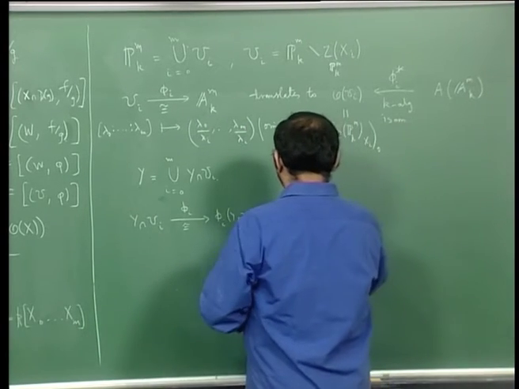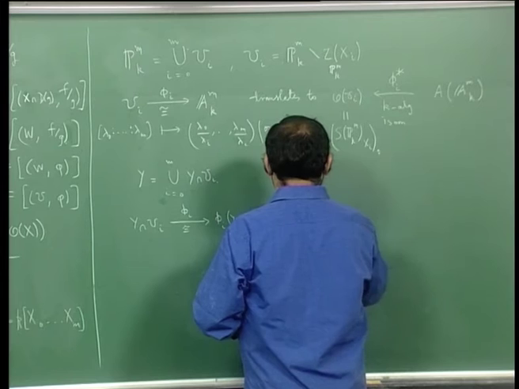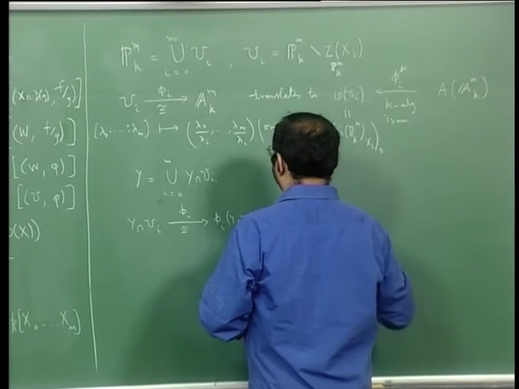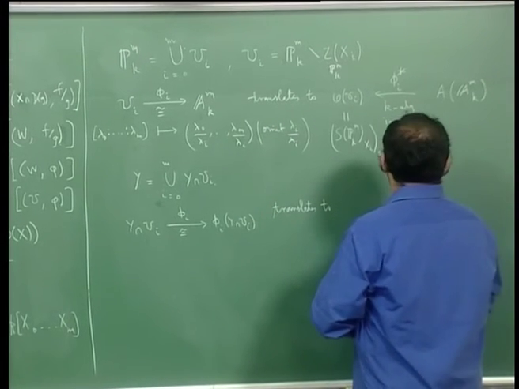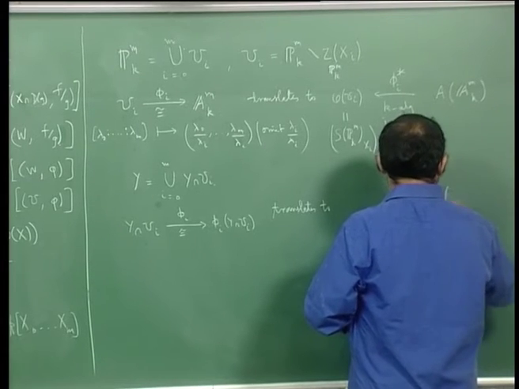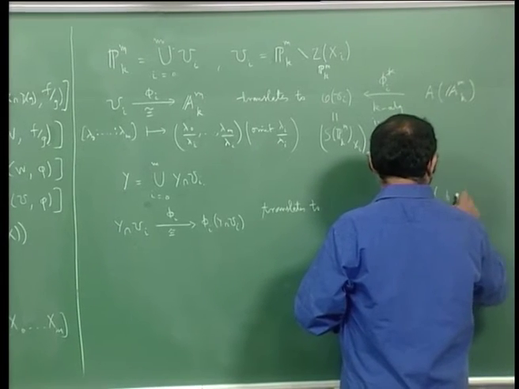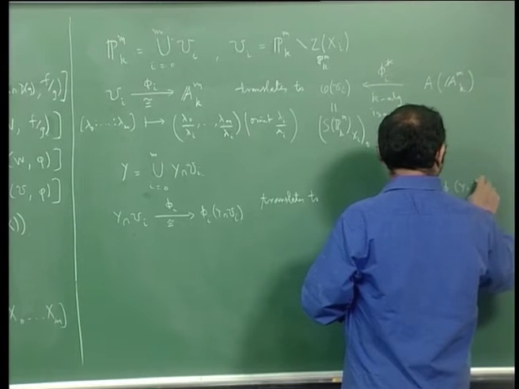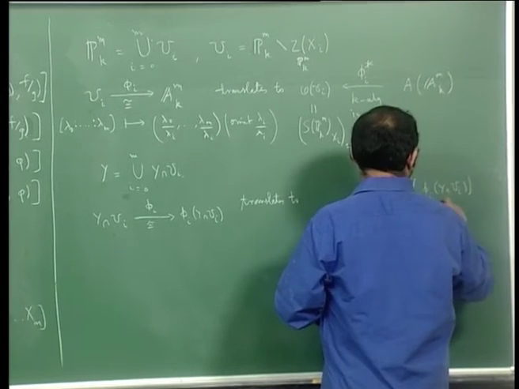If you go to commutative algebra, this translates to A, the affine coordinate ring of phi of Y intersection U_i, which is an affine subvariety.